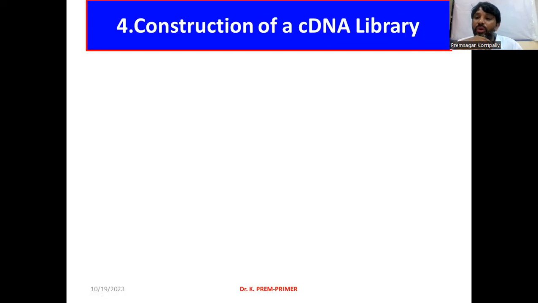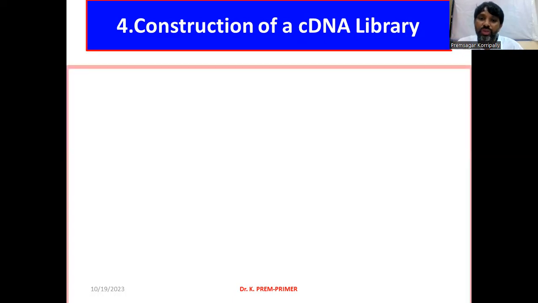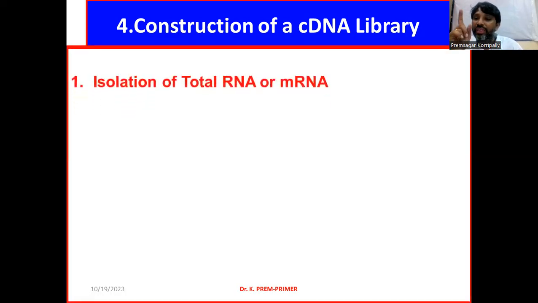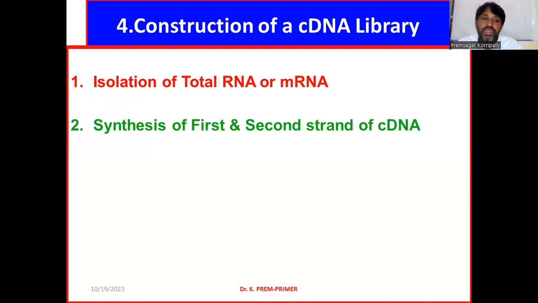What are the steps involved in the construction of a cDNA library? We'll see. There are five to six steps. The first is isolation of total RNA, or mRNA from the total RNA. You can separate it, but if you don't want to, you need not. The second step is synthesis of the first and second strand of cDNA. So mRNA is isolated and converted into first strand cDNA, followed by the second strand cDNA.